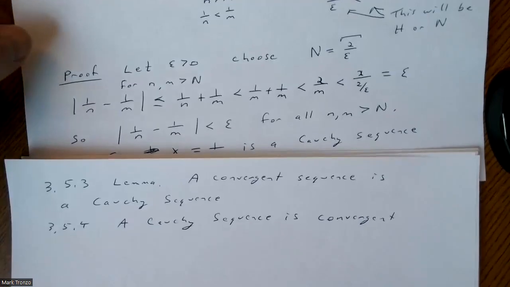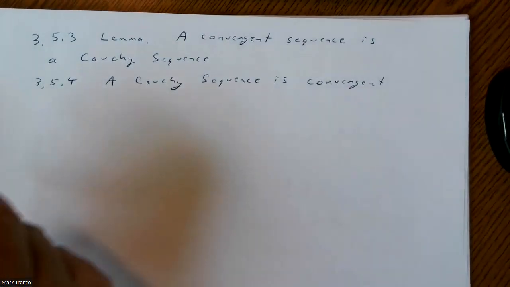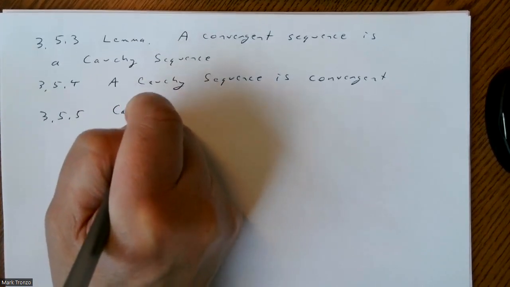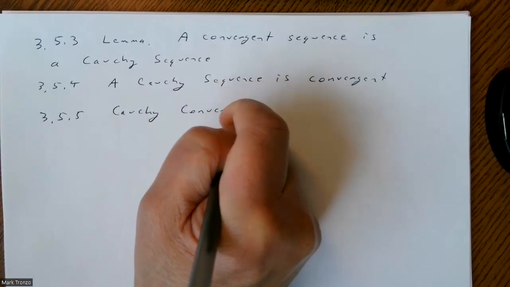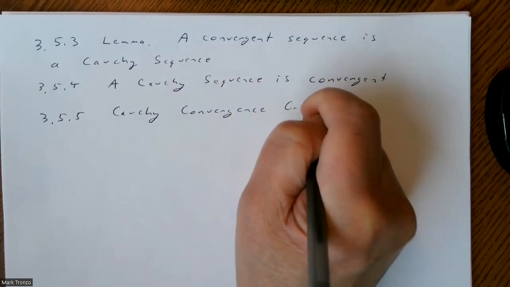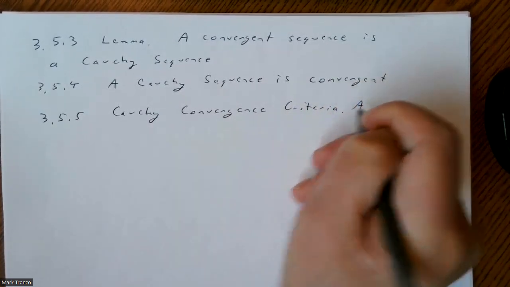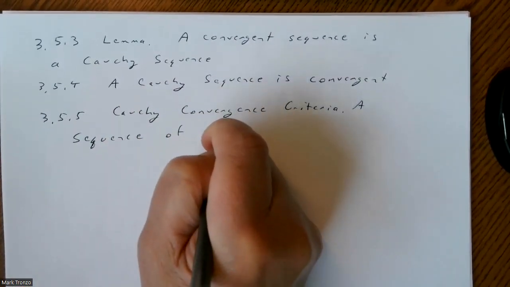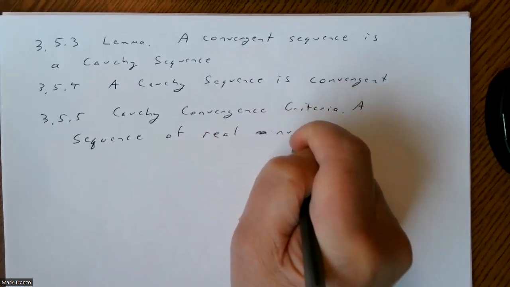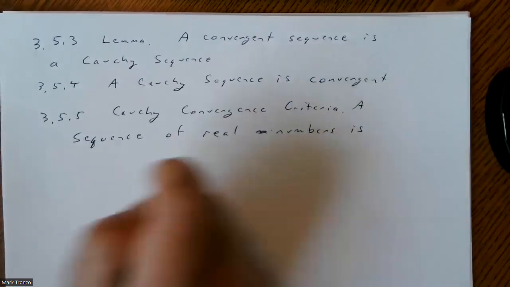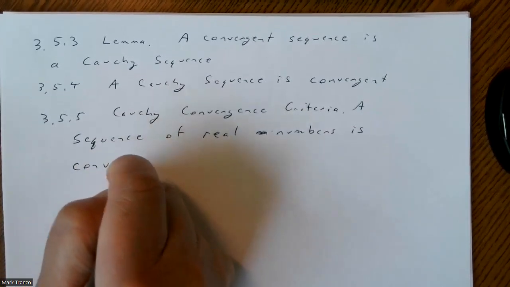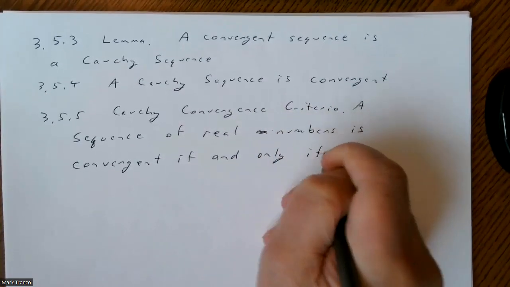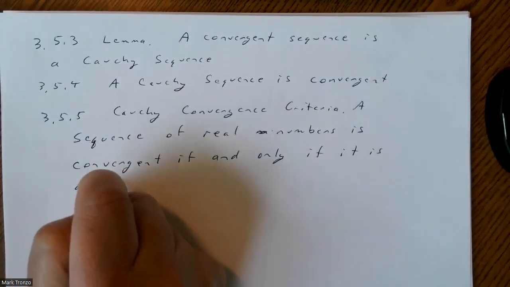So from putting those two together, you can simply say, and this is the Cauchy convergence criteria: a sequence of real numbers is convergent if and only if it is a Cauchy sequence.